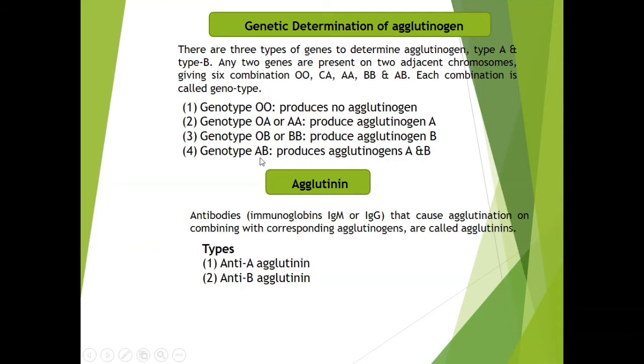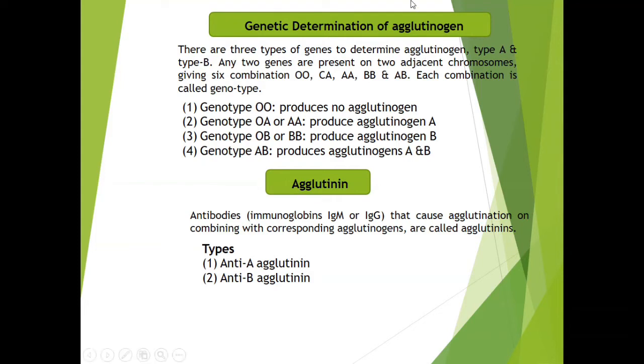Agglutinins. What are agglutinins? These are basically antibodies, immunoglobulins IgM or IgG, that cause agglutination on combining with the corresponding agglutinogens.